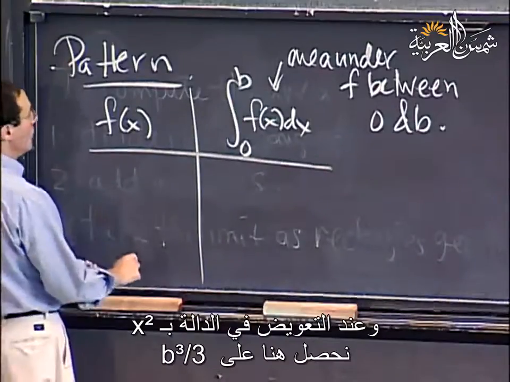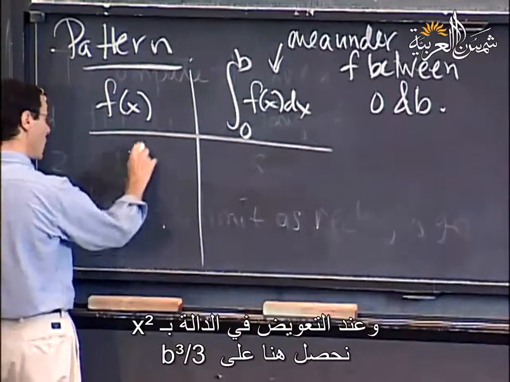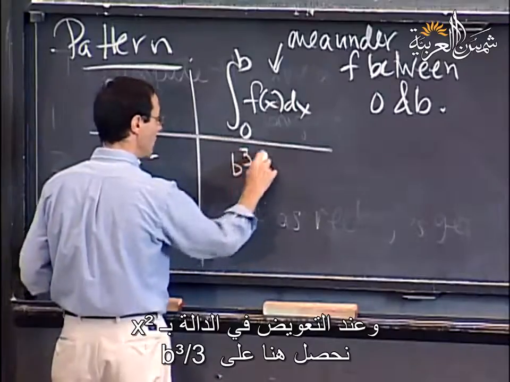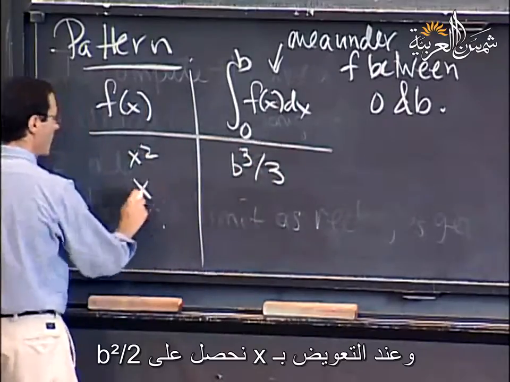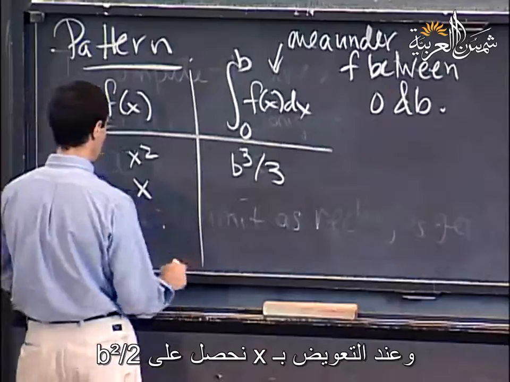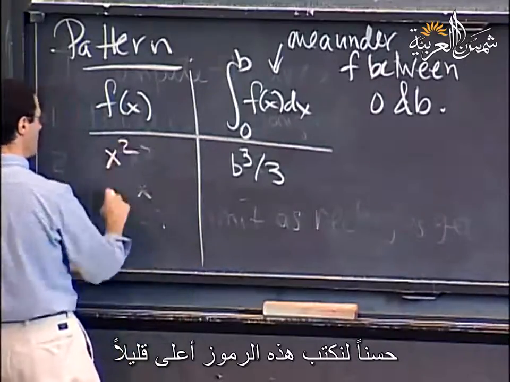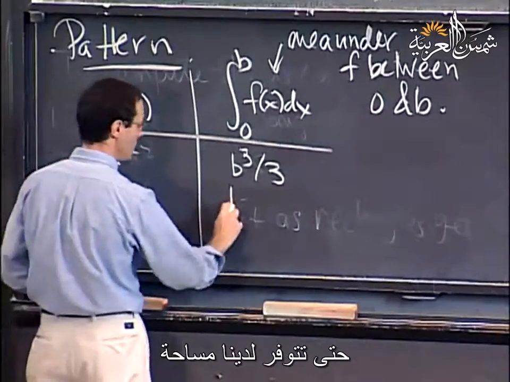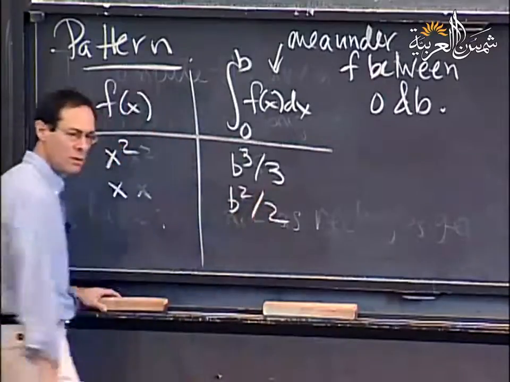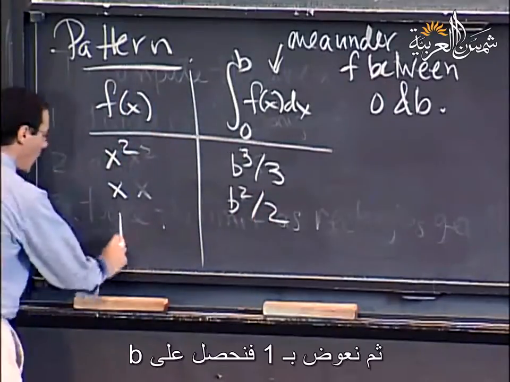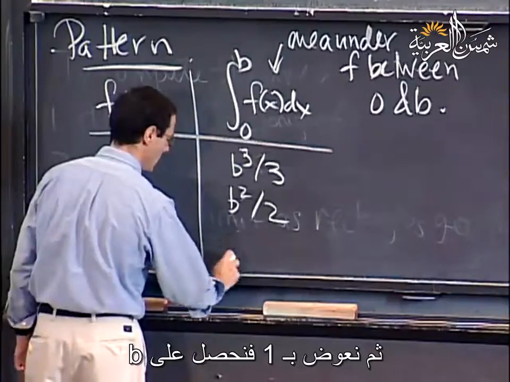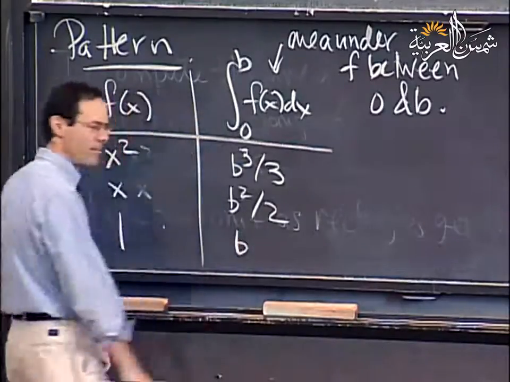And we have x squared, which turned out to be b cubed over 3. And we have x, which turned out to be, well, let me write them over just a bit more to give myself some room, b squared over 2. And then we have 1, which turned out to be b.